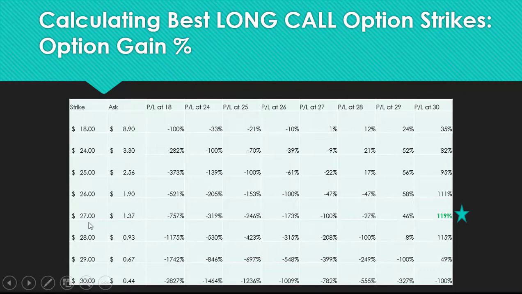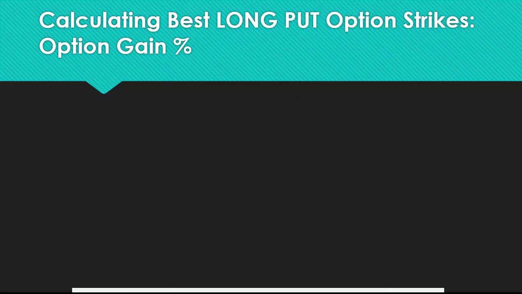And yet, in this case, it's the $27 strike that gives us a 119% rate of return on the option. It's almost double what we'd get if we just bought and sold the stock. That's why options are so popular, as we talked about in the last chapter. We get much better leverage with options.